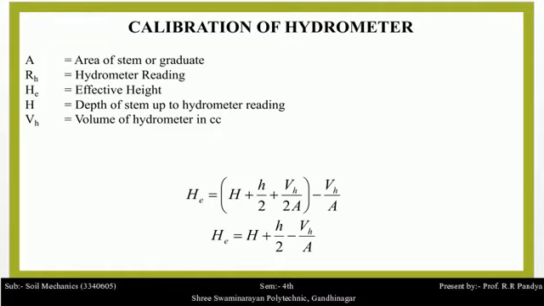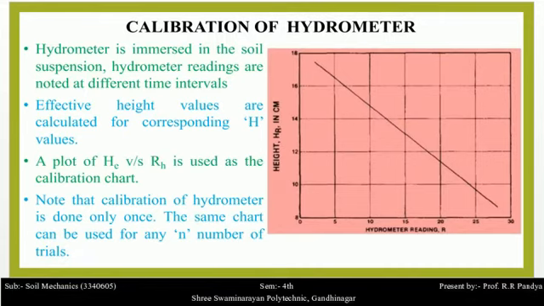Now we can understand the correction of hydrometer. Here, for calibration of the hydrometer, we can put one figure of height versus hydrometer readings. Here, the hydrometer is immersed in the soil suspension.